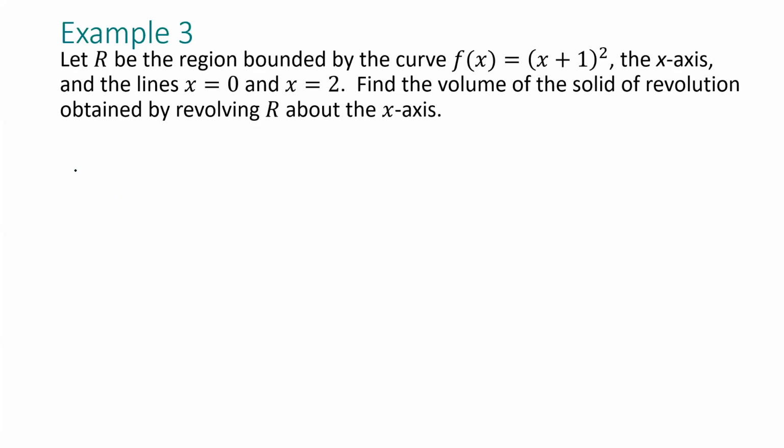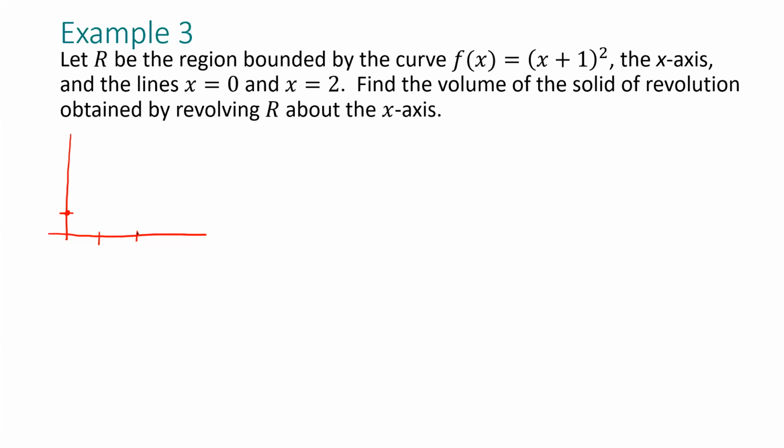Okay, well let's try and picture the region that we're dealing with. It's going to be part of a parabola, right? x plus 1 squared is a parabola shifted to the left by 1 unit. I think we can see that it would pass through 0, 1 when x is 0.